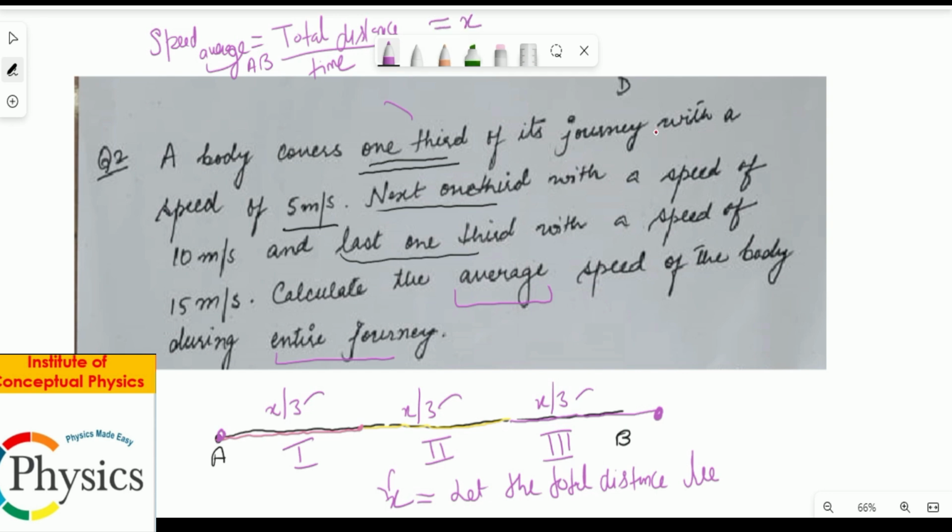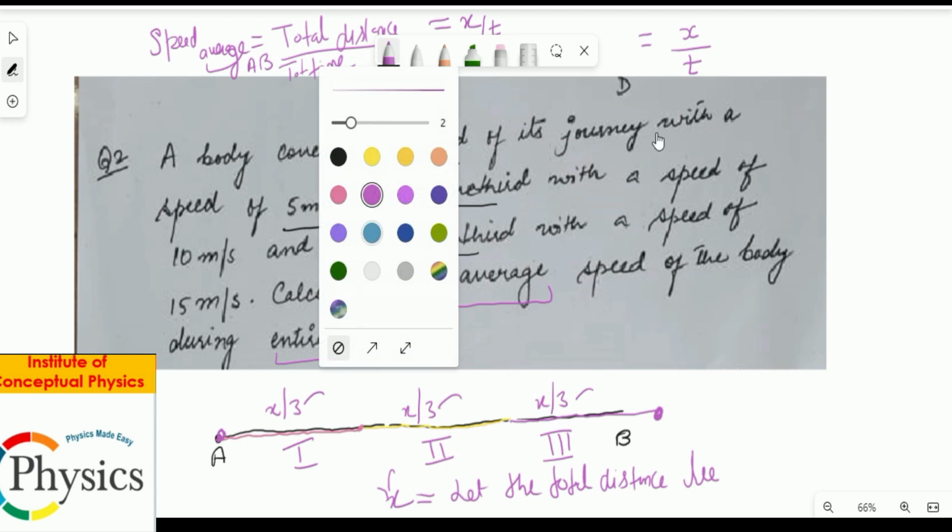In this question you have to find the average of the entire journey. You also don't know the total time, so I say let the total time be t. So the average speed of the entire journey is x by t.